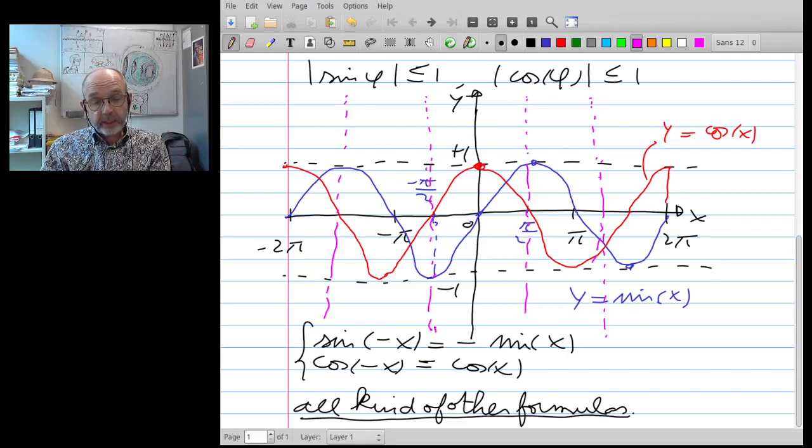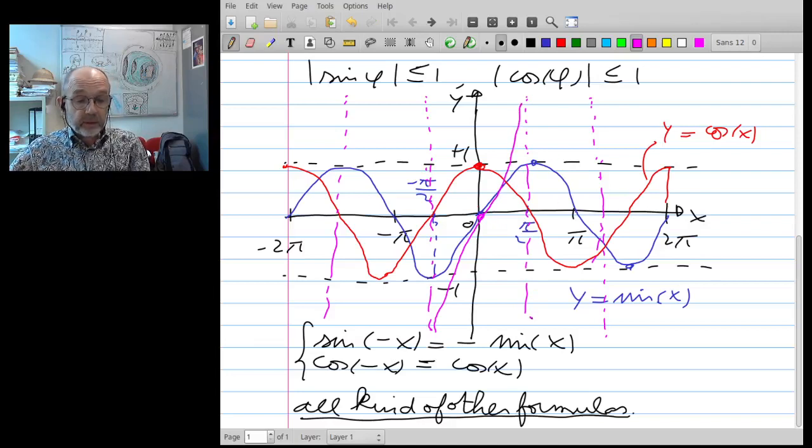And so you have here the tangent, the tangent in 0 is 0, and then it goes straight up, and it goes in this way.